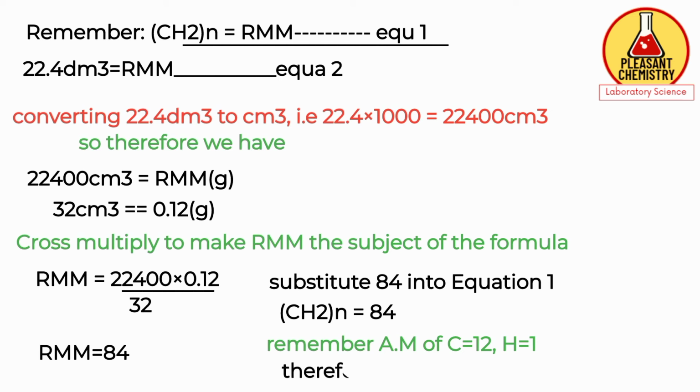And remember that the atomic mass of carbon is 12 and the atomic mass of hydrogen is 1. So when we add the atomic masses together, 12 and 2, we are going to have 14. Note that we actually want to calculate n. So 14n is equal to 84.